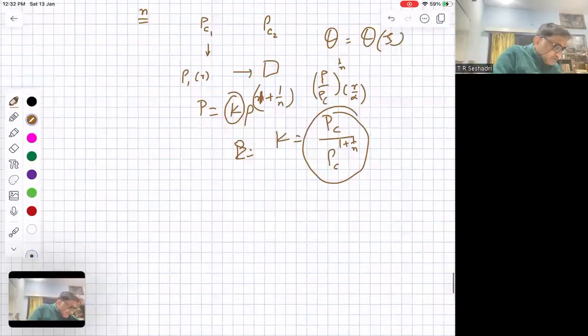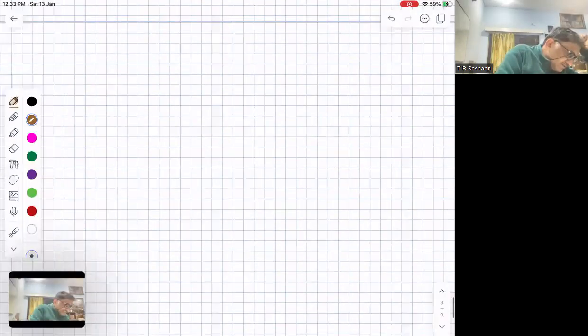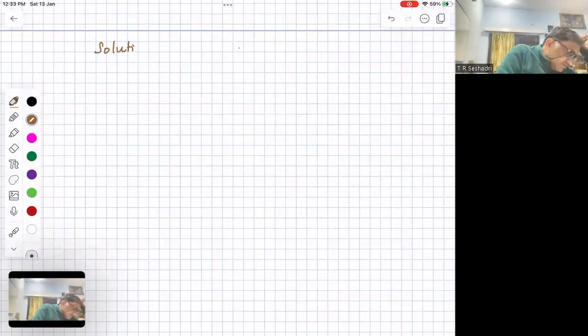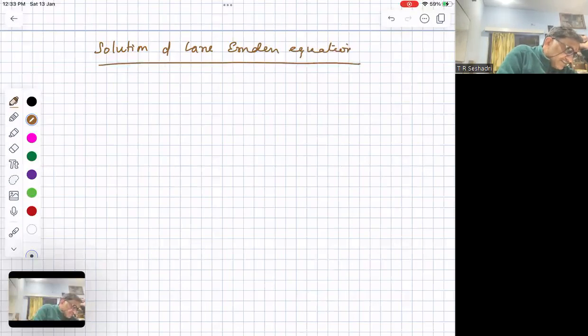And now what we will do is to solve the Lane-Emden equation. Now the interesting thing is only 3 values of n give analytic solution.